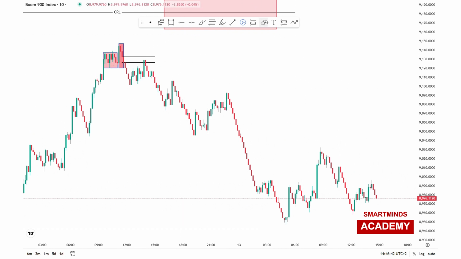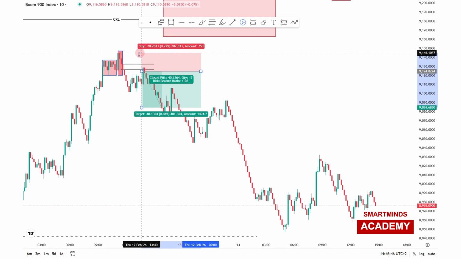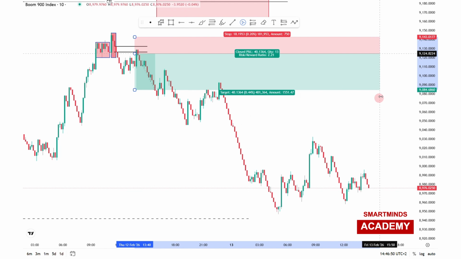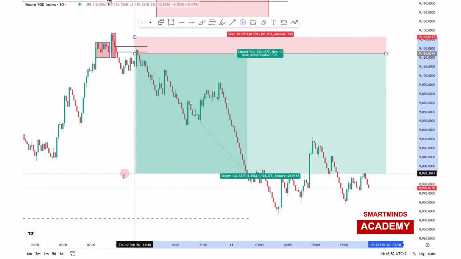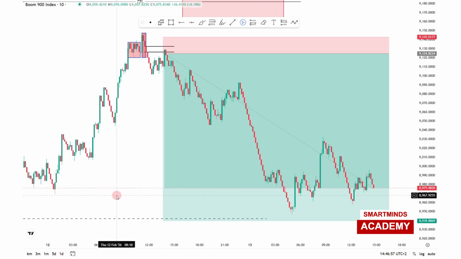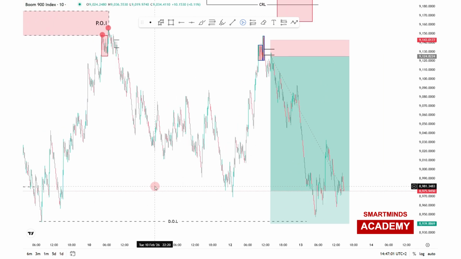This was the entry, take profit, draw on liquidity. If you know external liquidity, external range, your ERL and your IRL, here we are creating external range liquidity, and if the price does manage to break below this draw on liquidity, take profit hit, that's it.